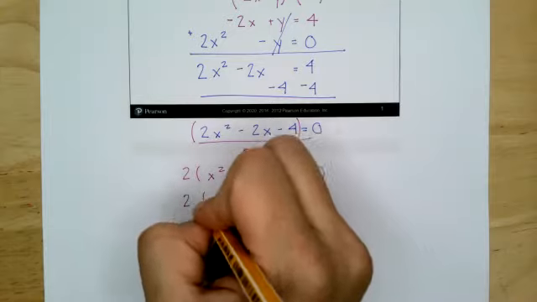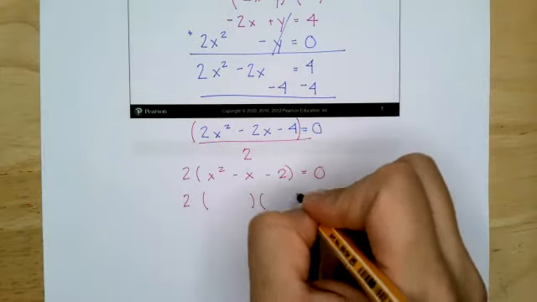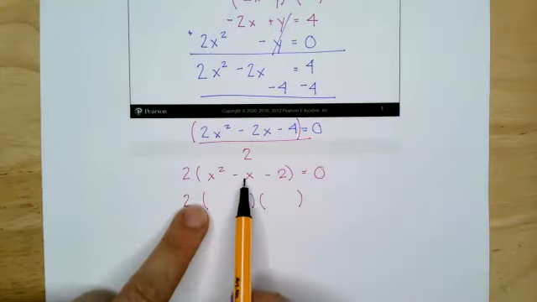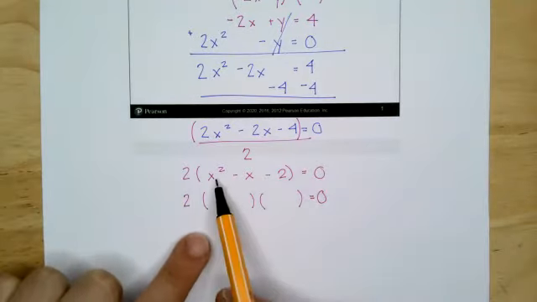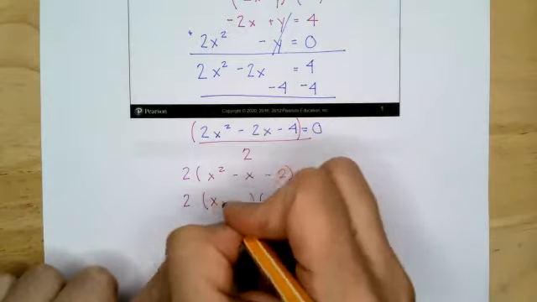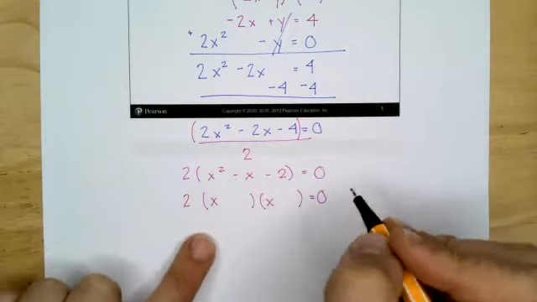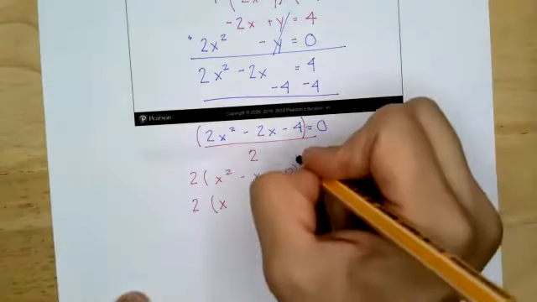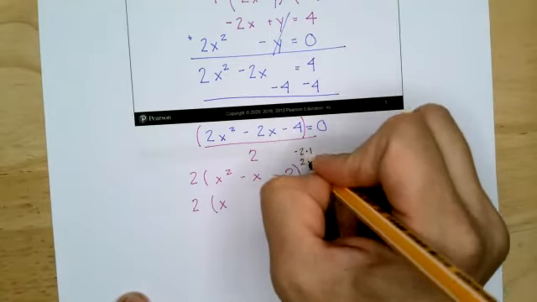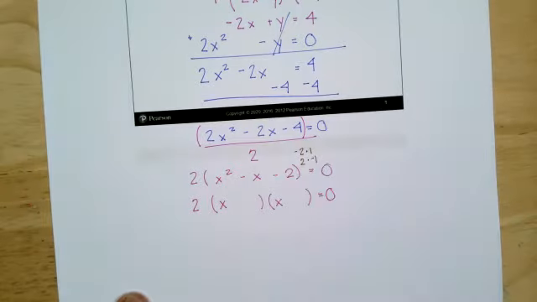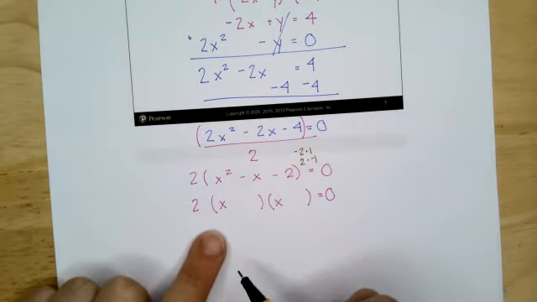So now there's 2 on the outside. x squared minus x minus 2. The only factors of x squared are x times x, right? And the only factors of -2 are either -2 times 1 or +2 times -1, right? We want them to add up to equal a -1.